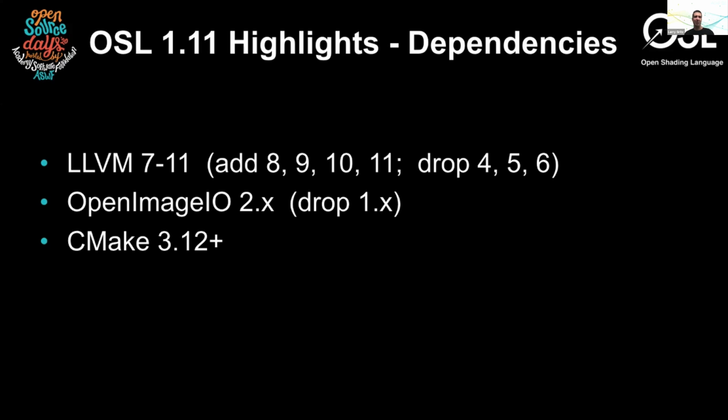It's got to be OpenImageIO 2.0 or above for this release. That's already 2 years old, so I don't think this should be a big thing for people. Also, our build system for quite some time has been dependent on CMake, but in this release, we bumped the mandatory minimum to 3.12, and we take a lot of advantage of that to simplify a lot of the build scripts.